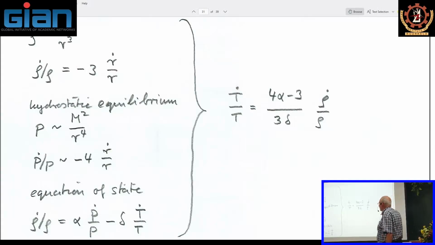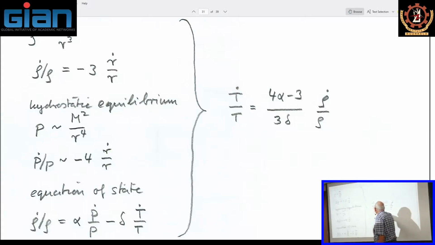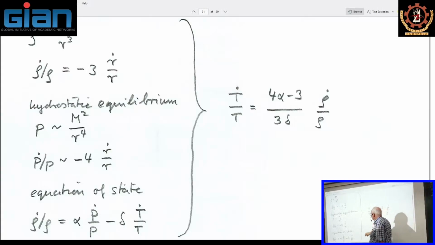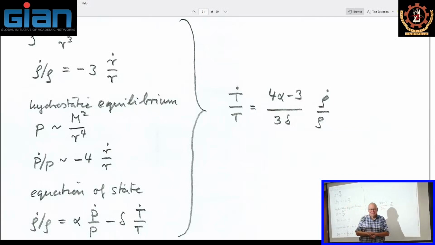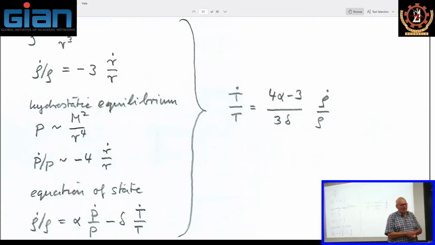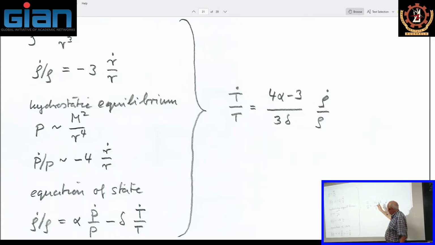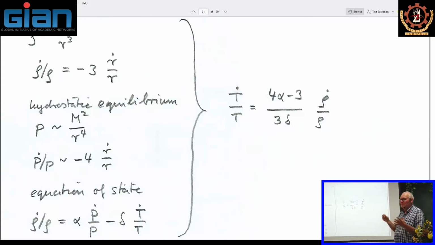Okay, so what we end up with is T dot over T is proportional to rho dot over rho, and getting all these dimensionless factors correctly, we are then left with T dot over T is (4 alpha minus 3) over 3 delta, times rho dot over rho. So this is how the temperature changes with time in relation to rho dot over rho.